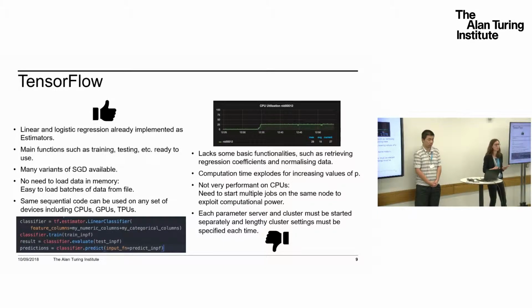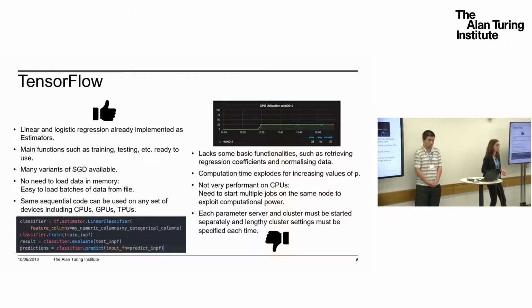This is a bit counterintuitive, since the coefficients are quite an important output of regression. Also, the computation time is linear with the number of data points, but it explodes with P.